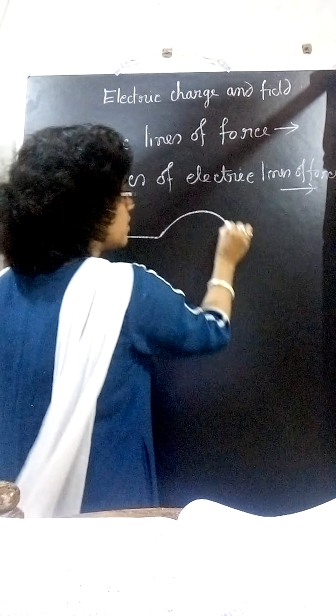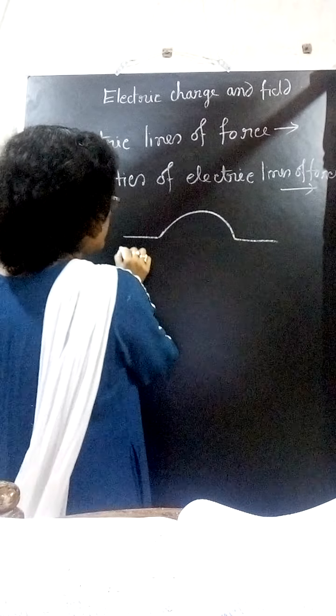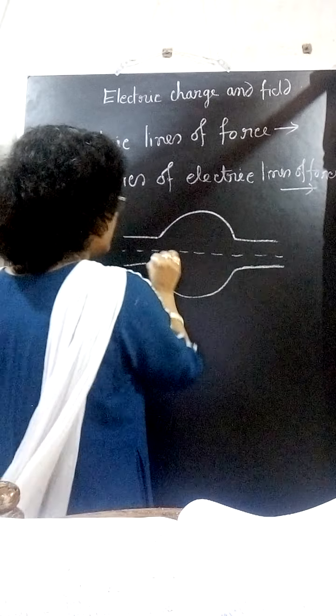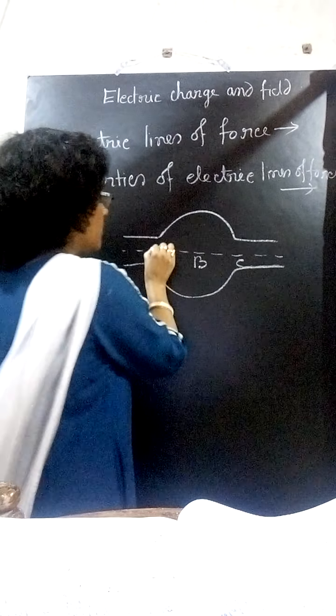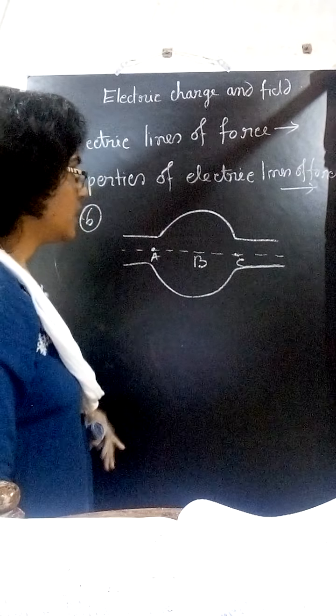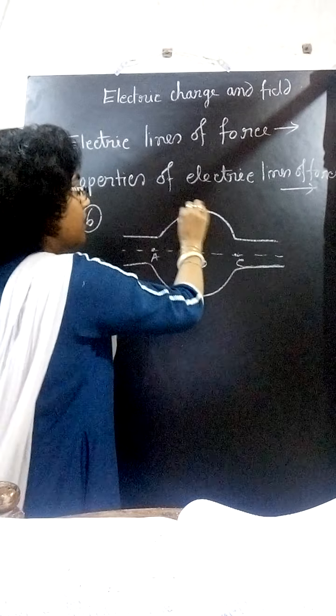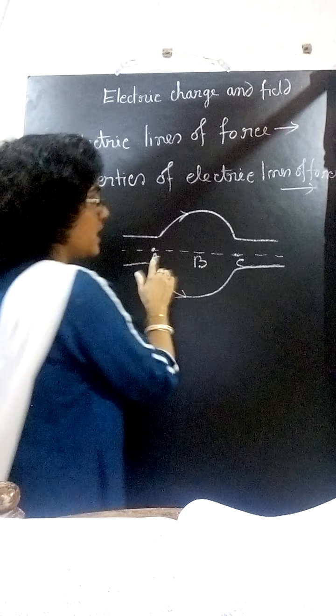Suppose there are points A, B and C. Now the lines are like that. Consider the points A, B, C.